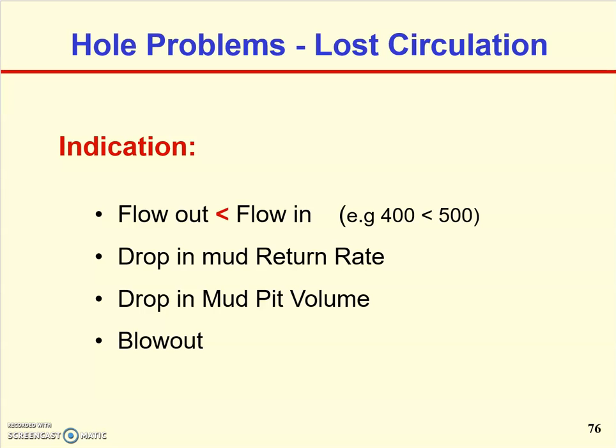So, the lost circulation, we talked about it. You have flow out, which is less than flow in basically, and that means that, for example, if you have 500 gallons of drilling fluid injecting into the wellbore, there are 400 gallons coming back, which means that you're losing 100 gallons of drilling fluid into the formations that are underground.